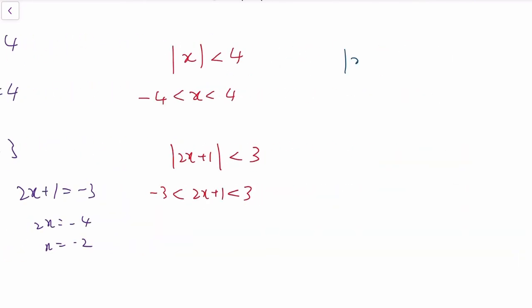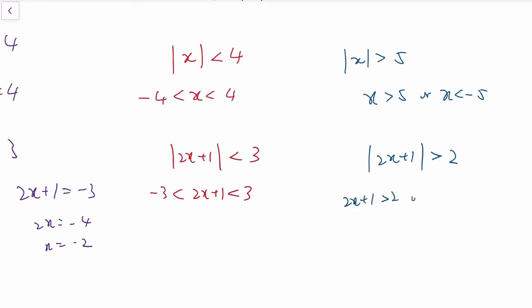While for the bigger case, we'll need x to be bigger than 5 or less than negative 5, so that when you take the absolute value, you get something bigger than 5. So similarly, if you have an absolute value being bigger than some number, then we'll need that thing to be bigger than 2, or that thing to be less than negative 2, and so on and so forth.